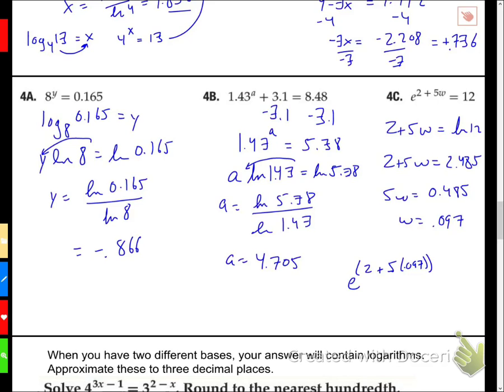Let's see if that actually gives us 12. Okay, so I plugged that in, and I ended up getting 12.00001. So it was important that I use all those decimals, because if I had rounded it to 0.1, it would probably not have come out that close to 12.